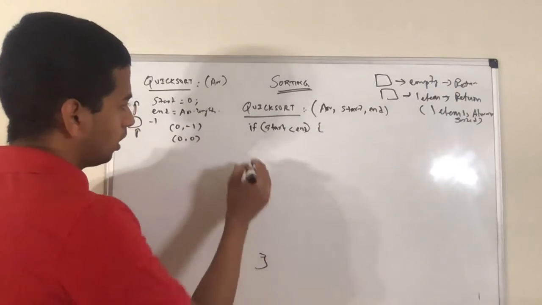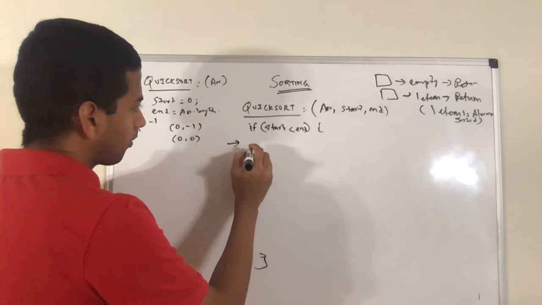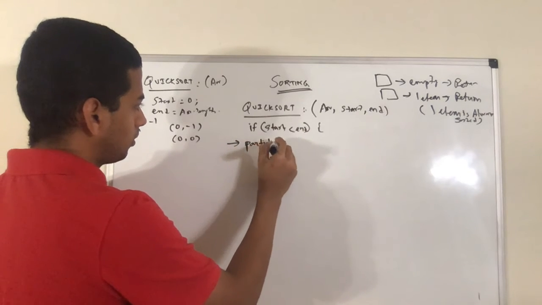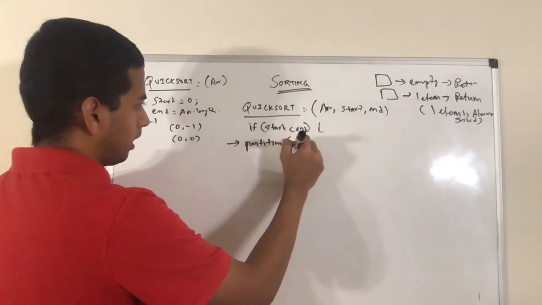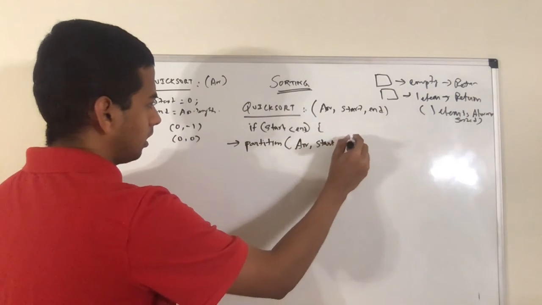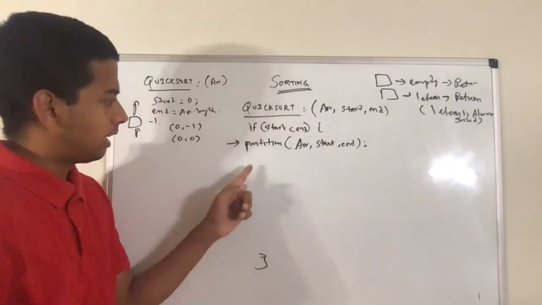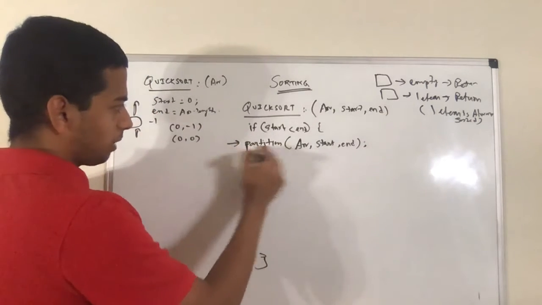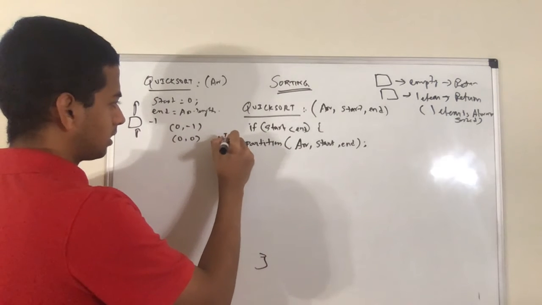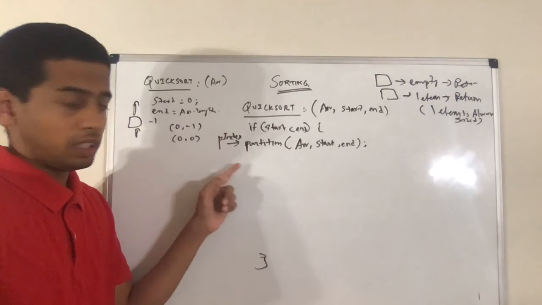So what is the first step? We are going to do something called partition. Partition of the original array, pass the start index and pass the end index. After doing partition, what did I tell? In this partition we will get something called the pivot index.